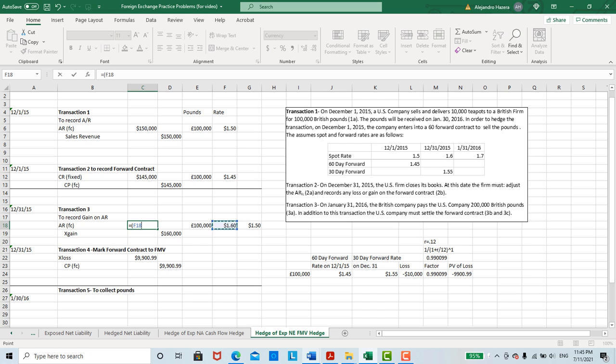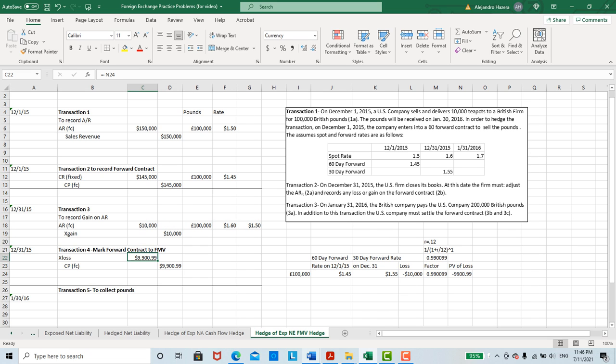This is equal to 100,000 times the difference between $1.60 and $1.50, $10,000. So accounts receivable went up because each one is worth now $1.60 rather than $1.50. So you've got $160,000 in there. It started at 150 and now it's gone up by 10 cents each one.